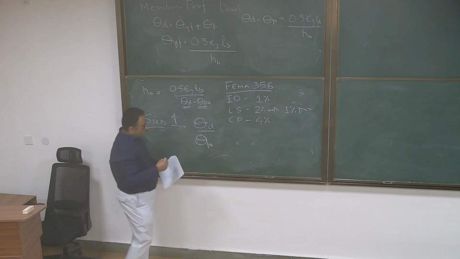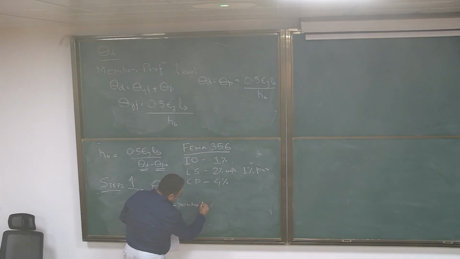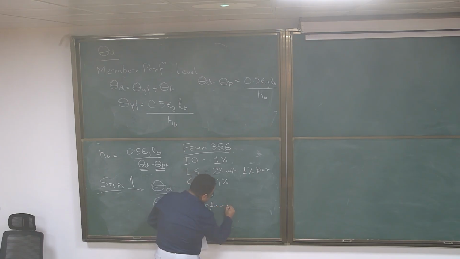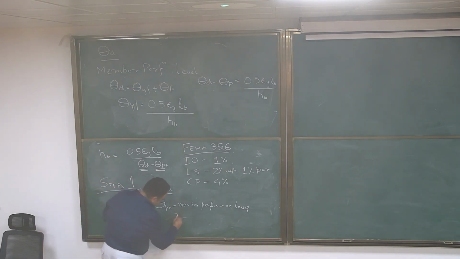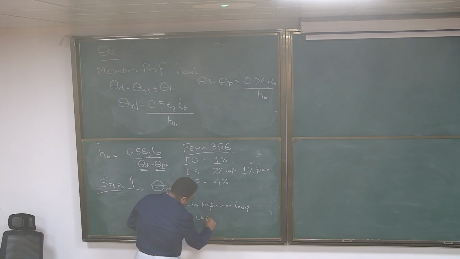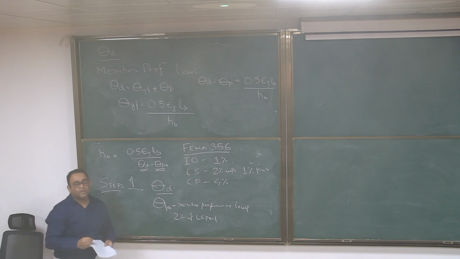For example, which is your member performance level. For example, this can be if a building is designed to 2% drift and life safety performance level, then we will use our FEMA 356 guidelines to find out what is the maximum theta PB that we can have in our system.